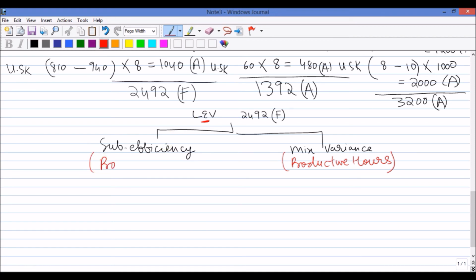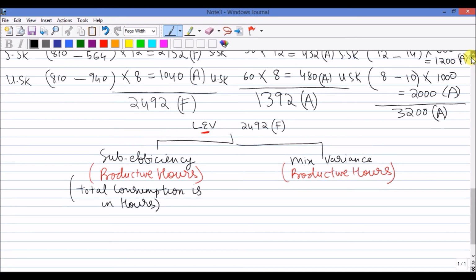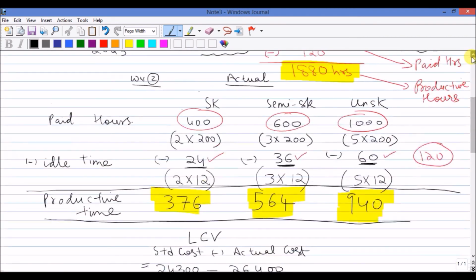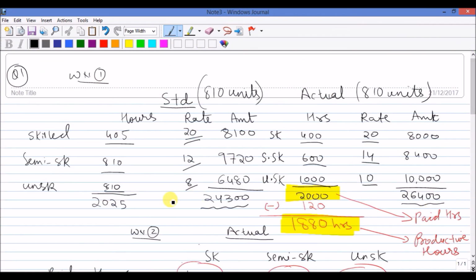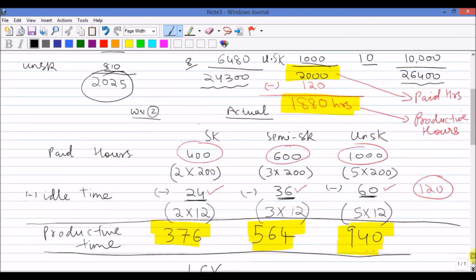For this we have to take productive hours. For sub efficiency, I have told you to take the total consumption, and here the total consumption is in hours. I have consumed 2025 hours standard.